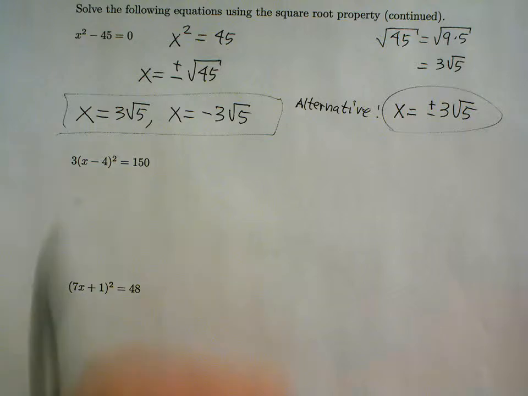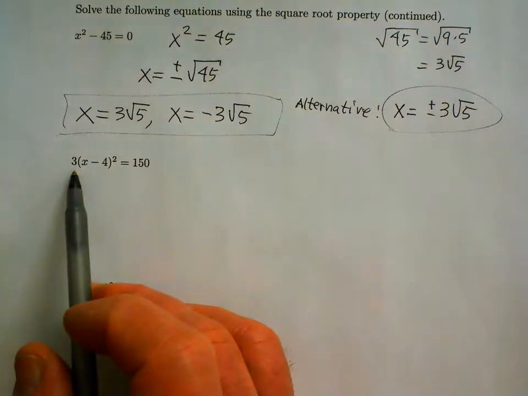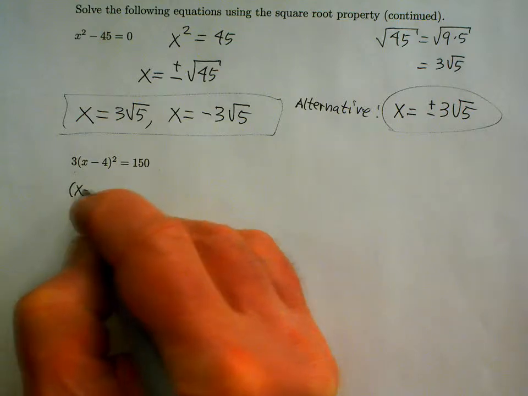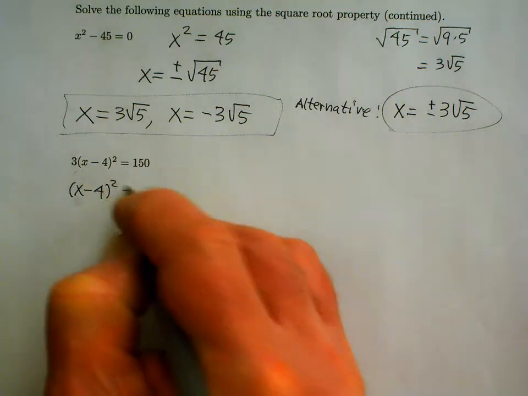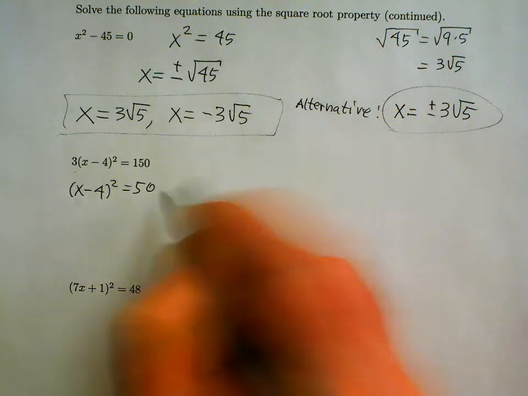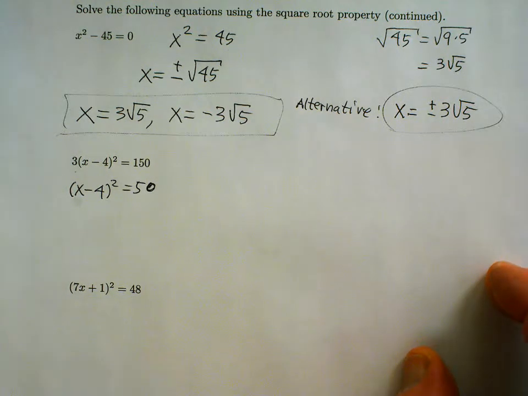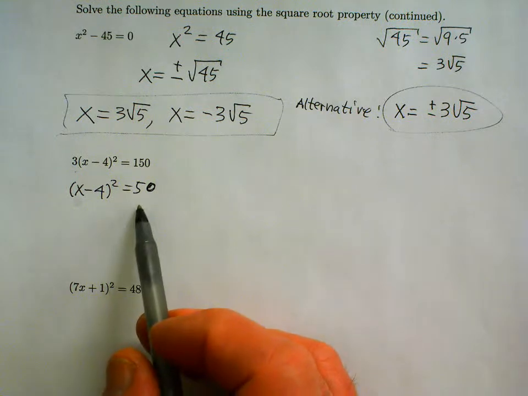Okay, first thing to do is divide both sides by 3. So we get x minus 4 squared equals 50. And now we can apply the square root property.